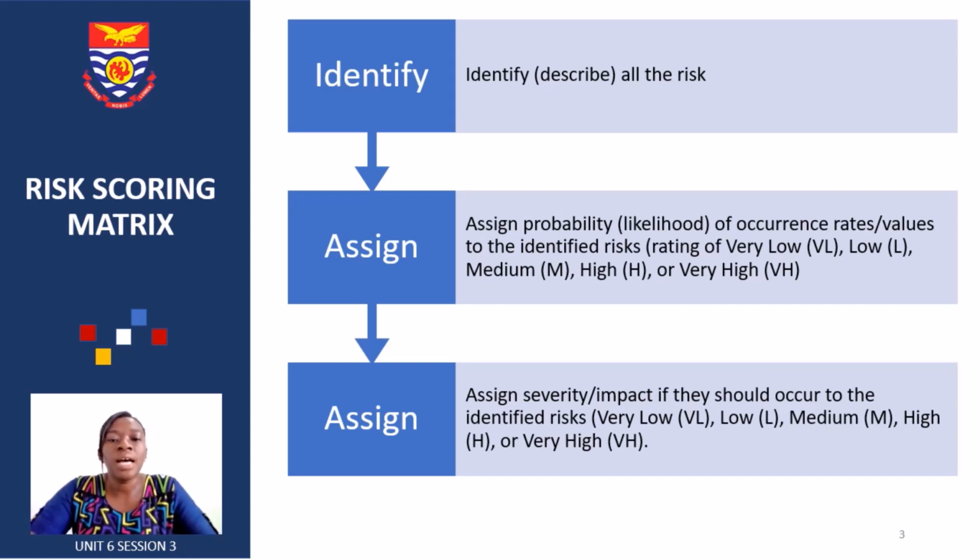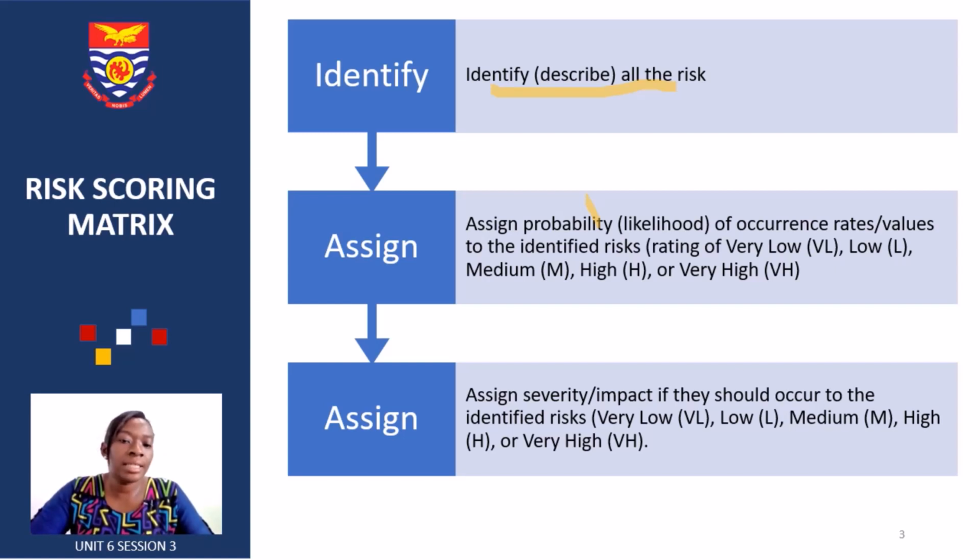So you need to identify and describe the risk. Then you need to assign the probability of it occurring, which could be high or low. Ratings like very high, high, medium, low depend on you, whether you want to go with 3 points or 4 points.